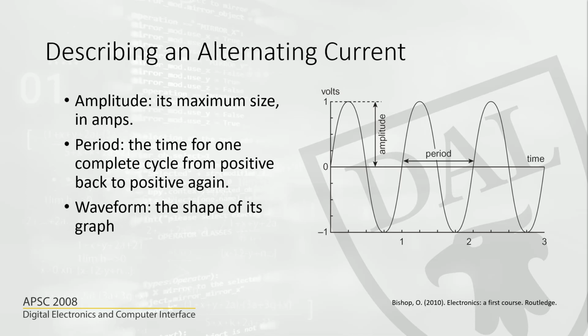So what is the maximum voltage, or it can be voltage or current. So what is the maximum? That will be the amplitude, and period will be the time it took to complete one cycle. Those are the two important parameters to describe an alternating current.